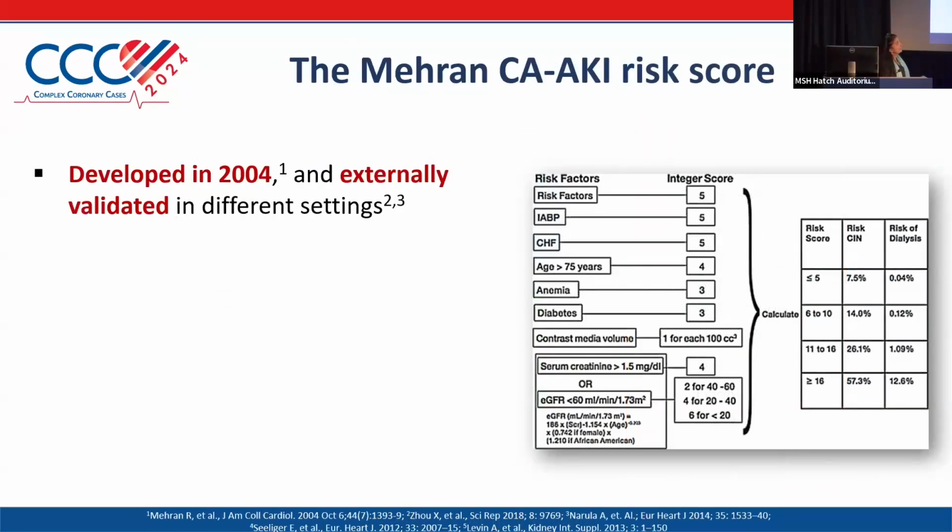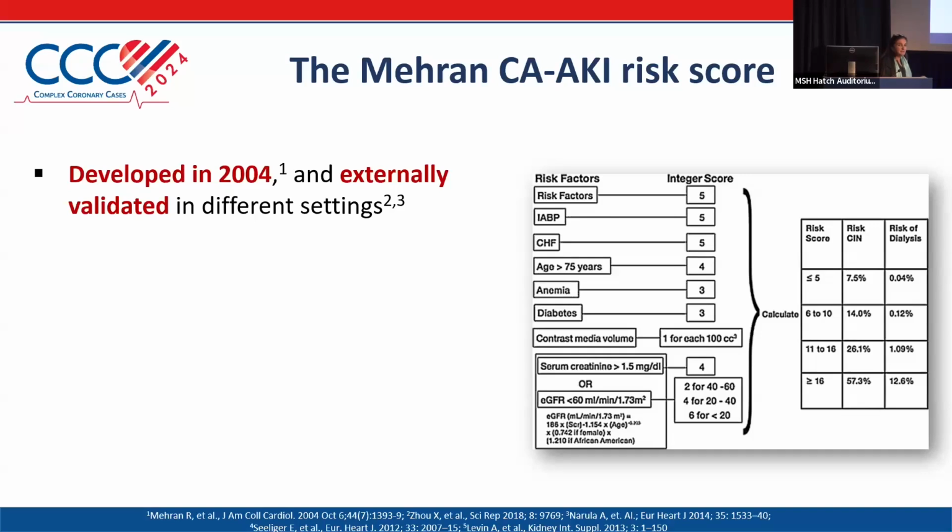We developed it in 2004. It's been externally validated and placed in many cath labs with a lot of very good results. And it really has changed the way we are caring for patients. In fact, one of the things we found is that 20 years ago when I first developed this, the rate of contrast nephropathy was as high as 20%.